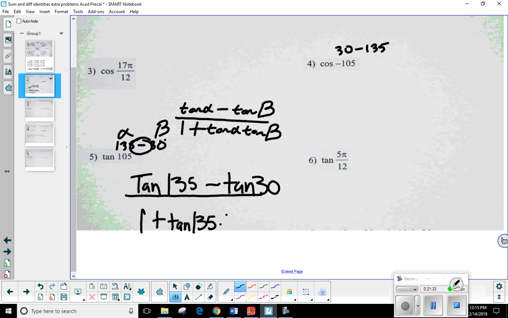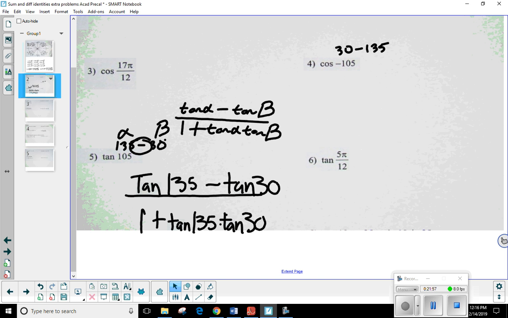Just 30? Or tangent of 30. There you go. Perfect. That's it. See, it's just a formula. All you're doing is plugging in the values that you have. Is this starting to help people see it a little better?